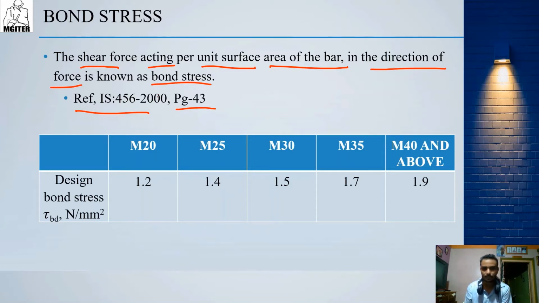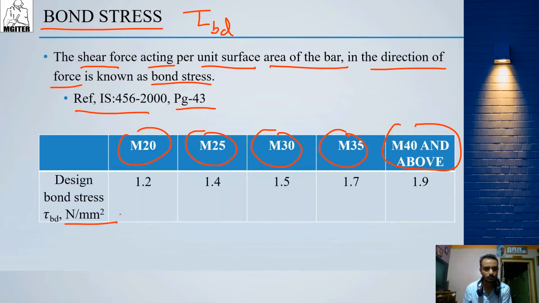These are some concrete grades: M20, M25, M30, M35 and M50 and above. By this table we can find the design bond stress, which is denoted by tau BD, and the unit is Newton per mm square. This table is given in IS 456-2000, page number 43.